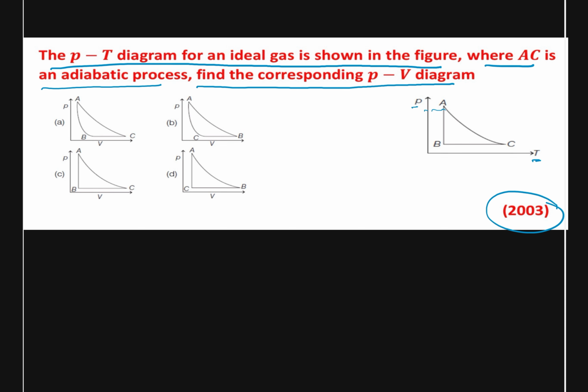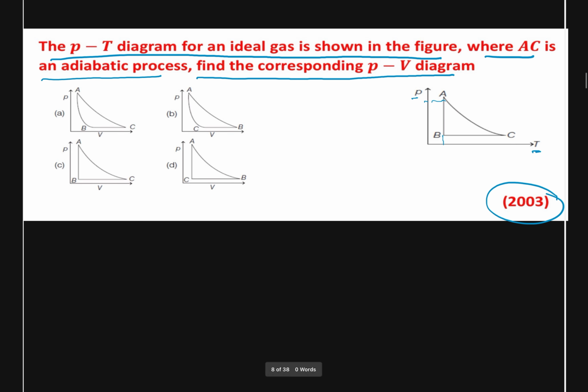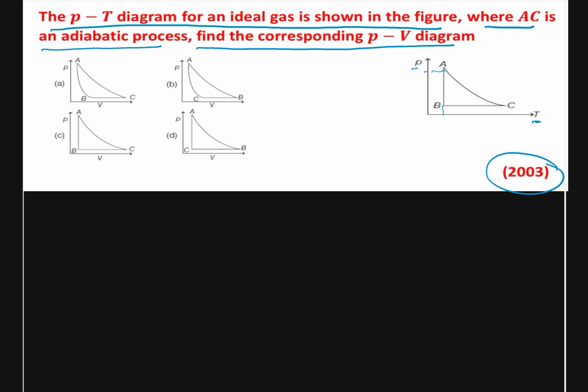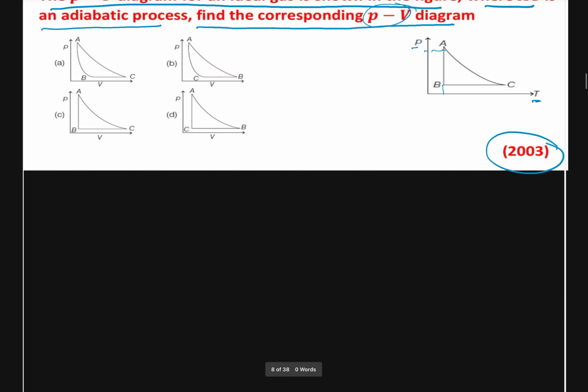AB will be isothermal because it is at a constant temperature, and AC is said to be adiabatic. Okay, so let us start from our PT diagram, then we come to our requirement of the PV diagram. We have to juxtapose both the things.